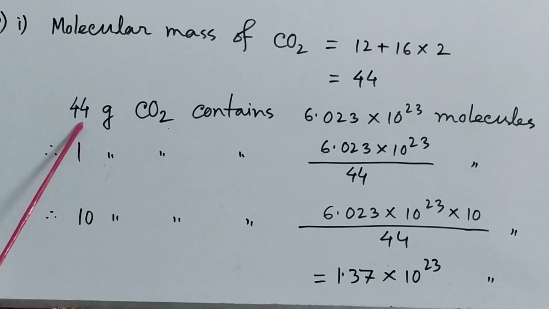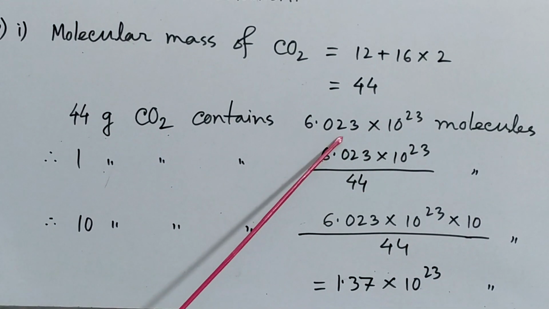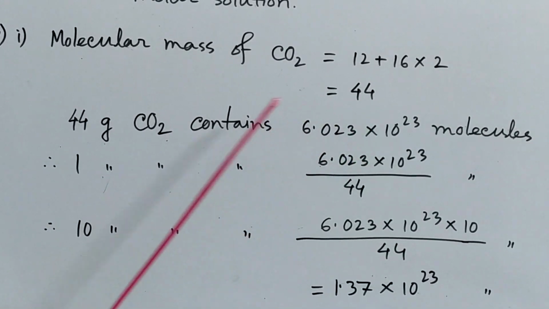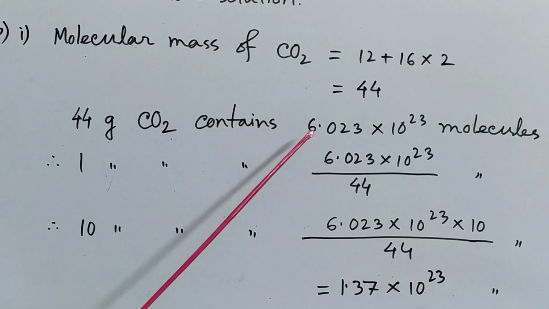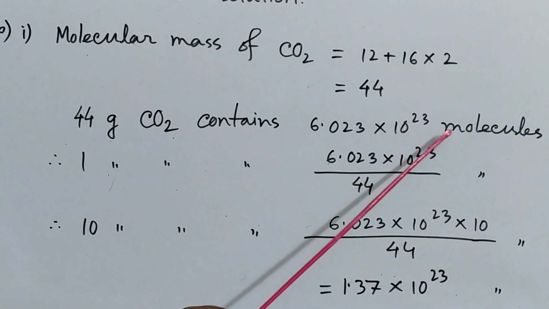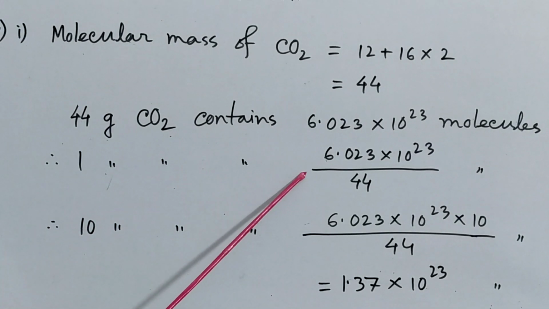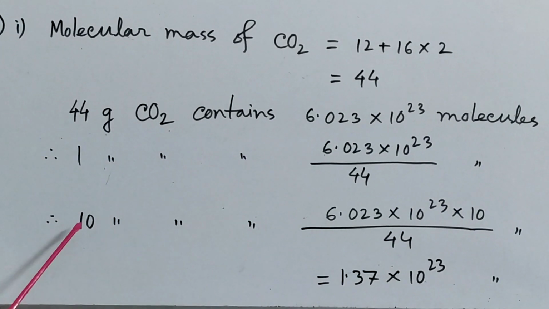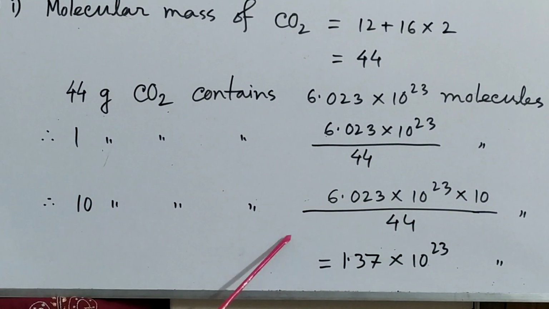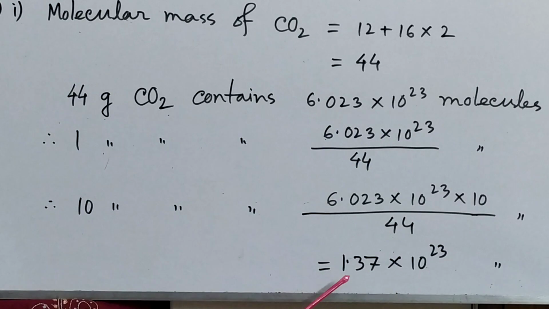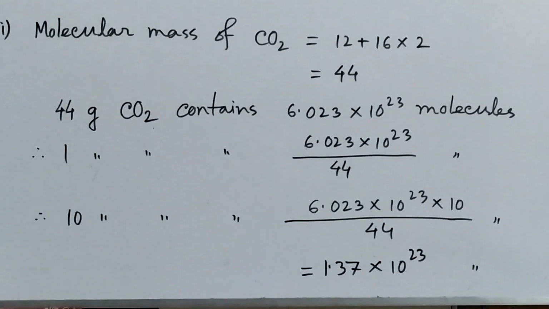In 1 mole carbon dioxide the molecules are 6.023 into 10 to the power 23. That means 44 gram carbon dioxide contains 6.023 into 10 to the power 23 molecules. So what will be in 1 gram carbon dioxide? It will be divided by 44. Then in 10 gram carbon dioxide, it will be multiplied by 10. Using a scientific calculator you can do it. It will be 1.37 into 10 to the power 23 molecules.